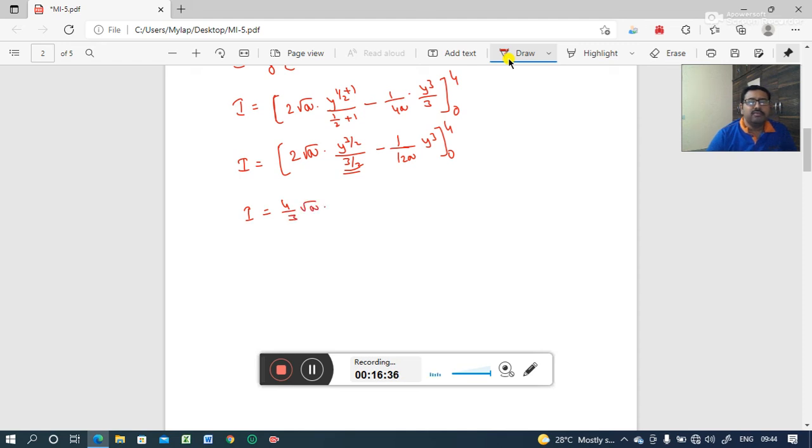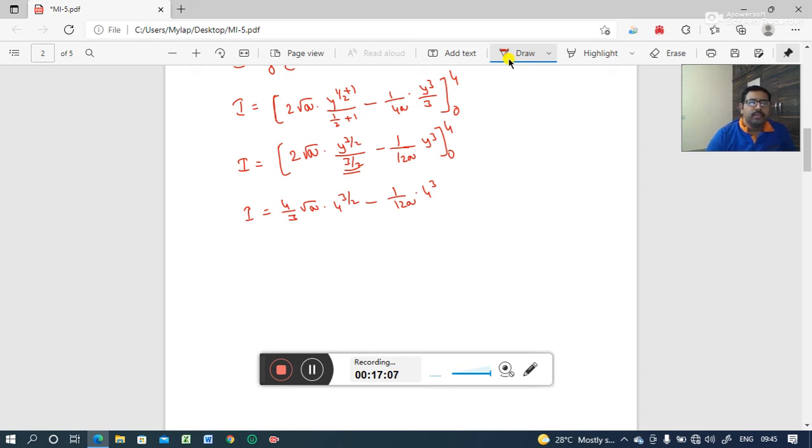So in place of y power 3 by 2, we use the upper and lower limits. Your upper limit is 4, so you can write it as 4 power 3 by 2, and for the lower limit it becomes 0, minus 1 by 12a into, in place of y cube, 4 cube, and for the lower limit it is again 0.